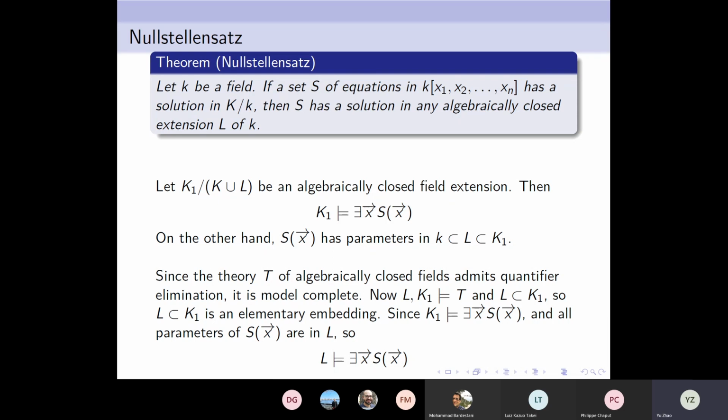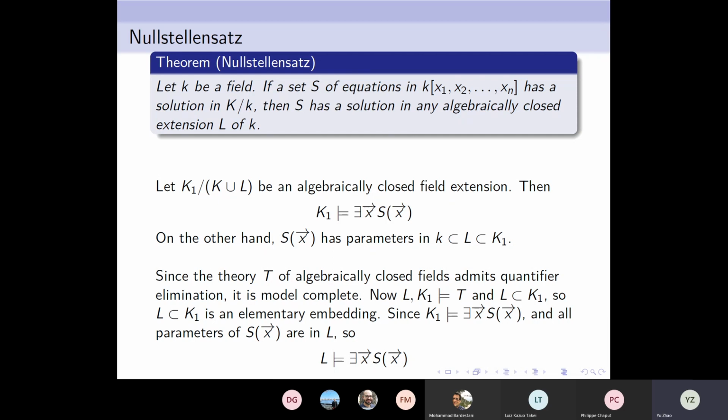The integral domain can be embedded into a field, and this field has a solution for that ideal. So this ideal has a solution in the algebraic closure of the original field. So that's the Nullstellensatz.